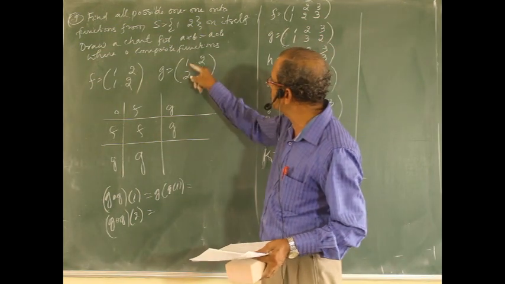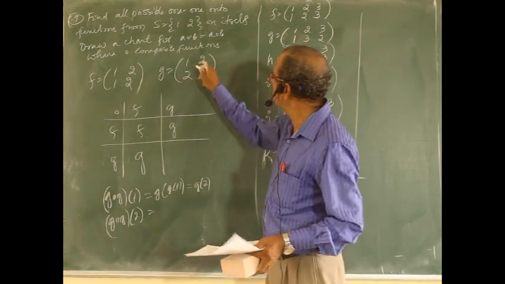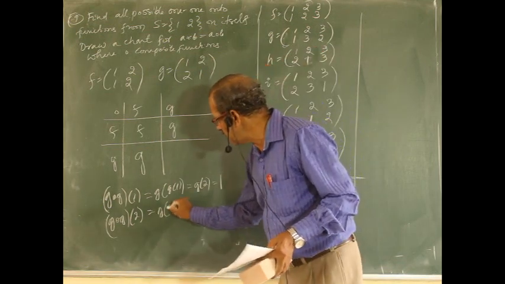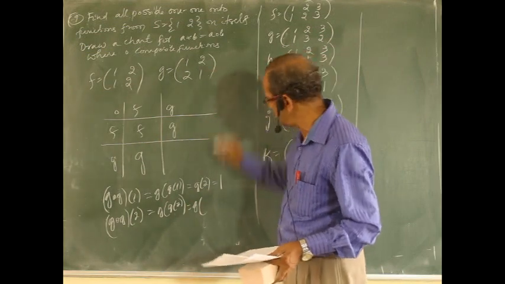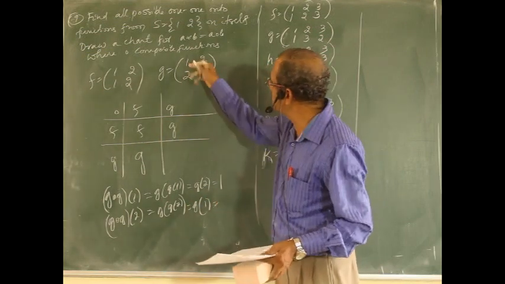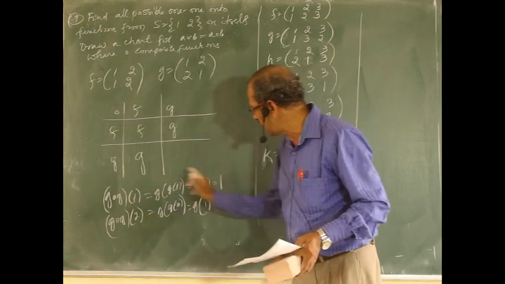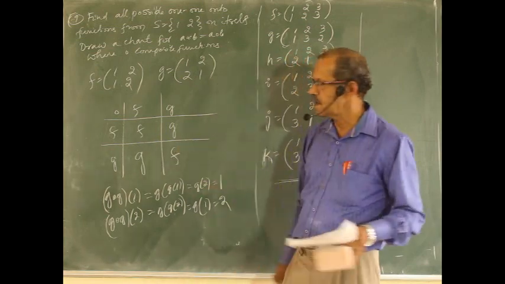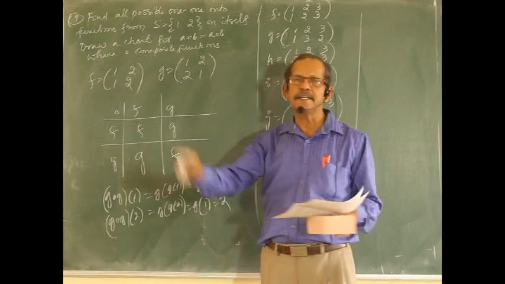G of 1 is 2. Again G of 2. G of 2 is 1. So 1 is taken over to 1, 2 is taken over to 2. It is function F. G composite G, if you find it, is actually the identity function.